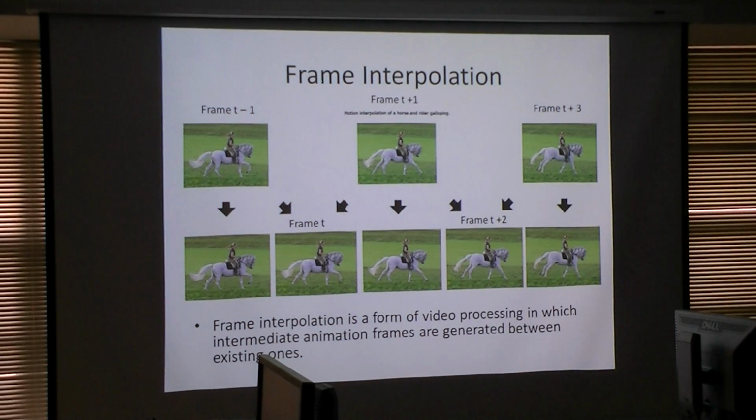It's a kind of video processing method in which intermediate frames are generated between existing ones by using the adjacent frames. And we can see in this example, frame T and frame T plus 2 were interpolated by using the information from their previous and afterward frames.